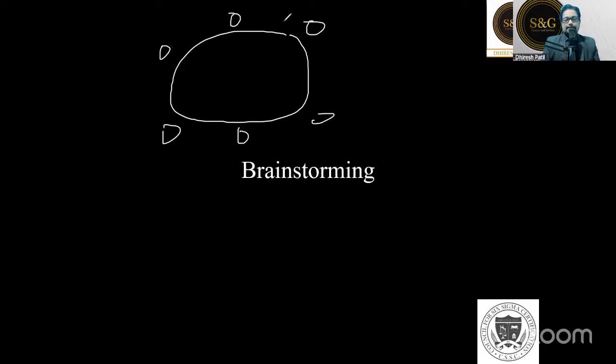Structured meaning everybody will have 5 minutes, and they will raise their hand and put their ideas and solutions on the table. Okay. Then the second person will start. Then after 5 minutes, the third person, then the fourth, then the fifth, then the sixth person, etc. So this is called the structured way of brainstorming. Everybody will get a chance, and their ideas will be discussed.